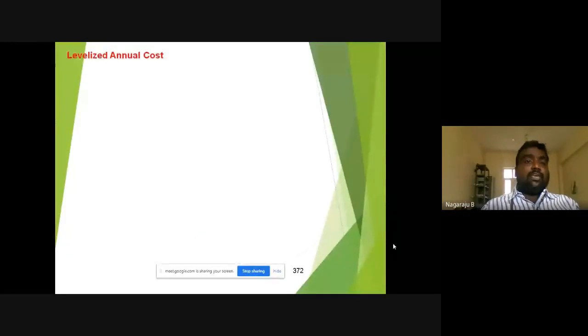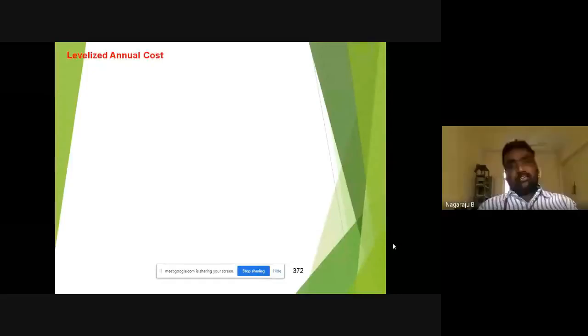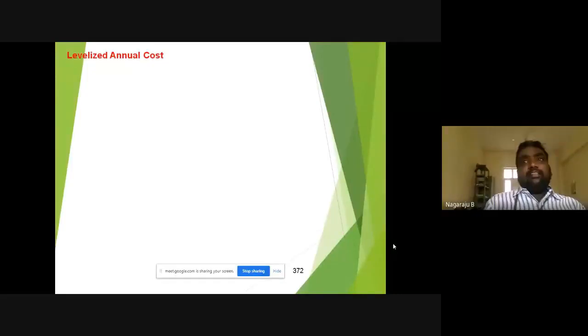Another important thing, total cost is equal to AIC, annual investment cost, annual energy cost, and annual demand cost. These three you add, you will get the total investment cost, TIC. And when the cost levels are increased and decreased randomly, somewhere all the feeders and loads are taking unity amount of power, somewhere the power is going to change.